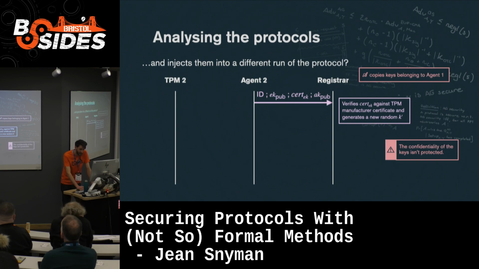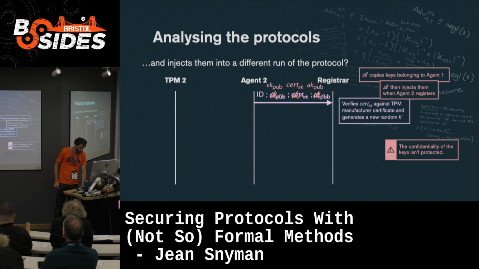Now it takes those and injects them into a different run of the protocol. So now we have a registration protocol happening with a different agent 2 and a different TPM 2, right? Instead, it swaps in the EK and the AK from the previous run, because again, it can do that.